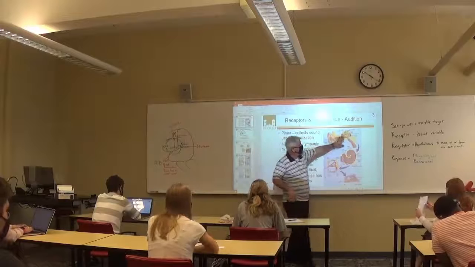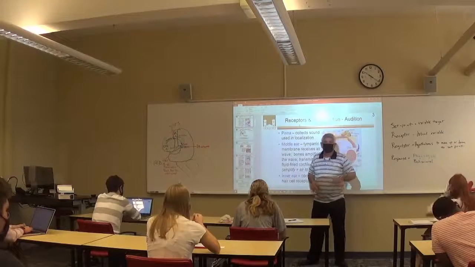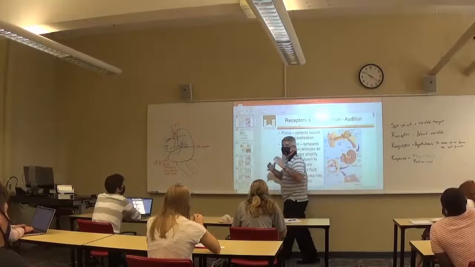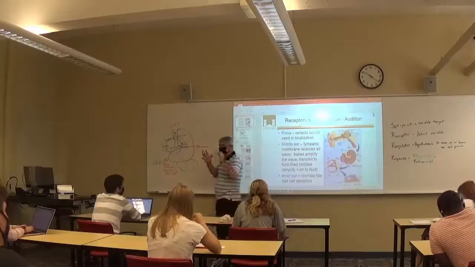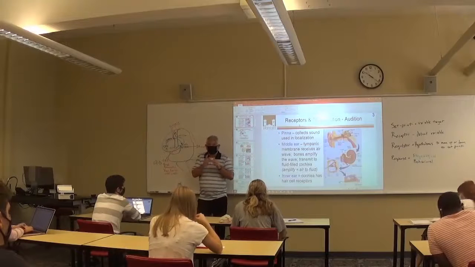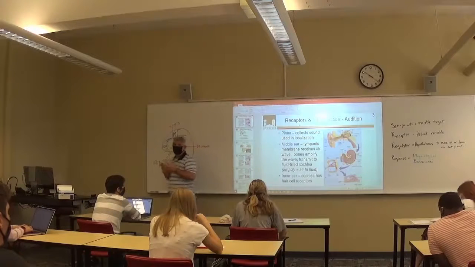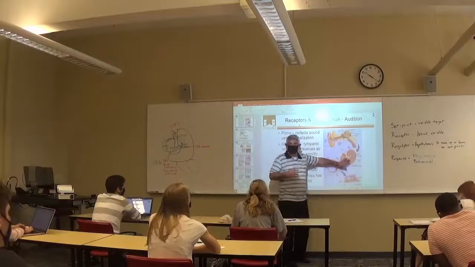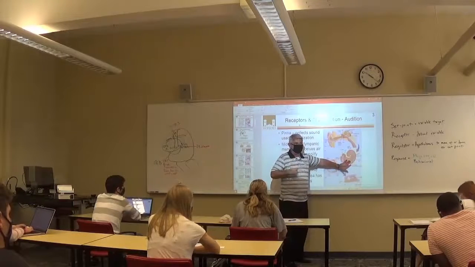After the pinna, we go down to the middle ear. The middle ear's job is to take this pretty weak airwave, sound wave, and turn it into a wave in the fluid-filled cochlea. That's the job of the middle ear.